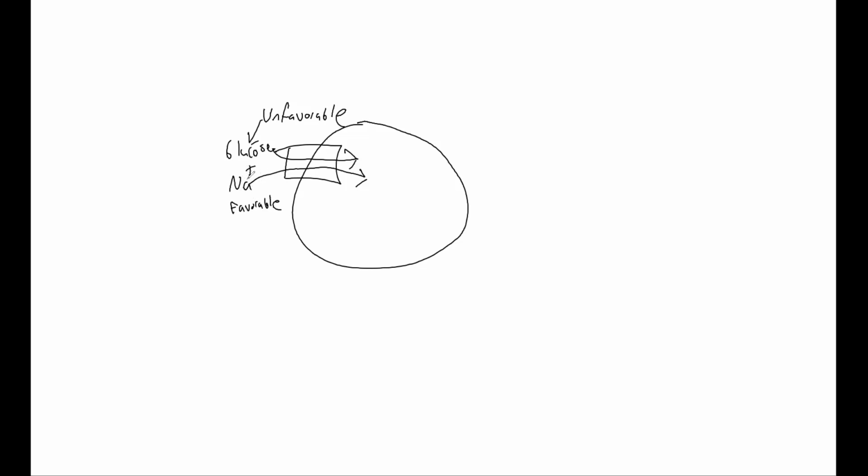Sodium is moving into the cell. The cell is negatively charged inside. I don't know the concentrations of sodium inside and outside the cell off the top of my head, but I know moving sodium from outside the cell to inside is an overall favorable process. And so we're using that energy to move glucose, which is an unfavorable process.